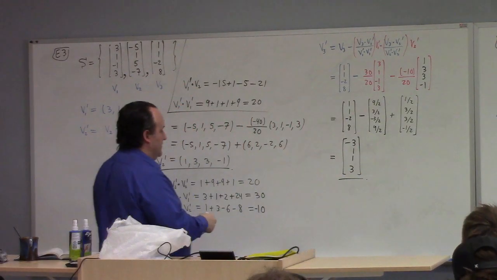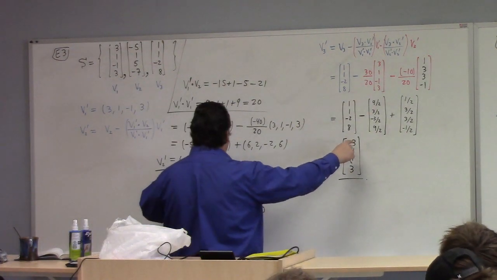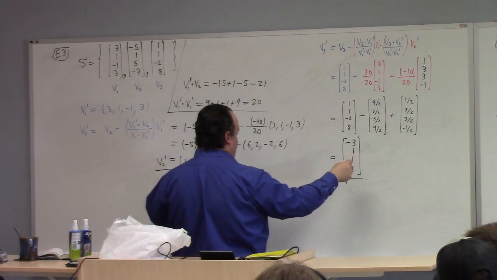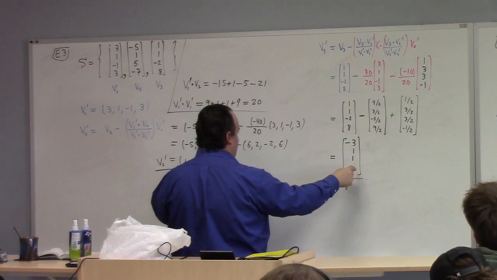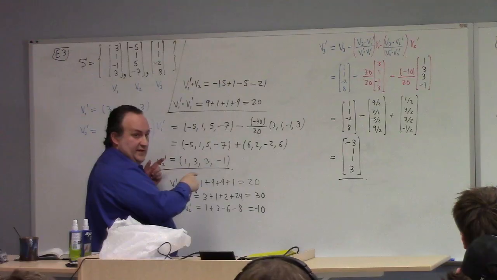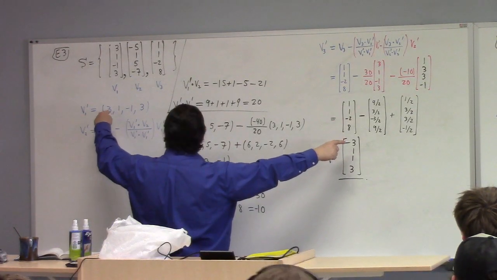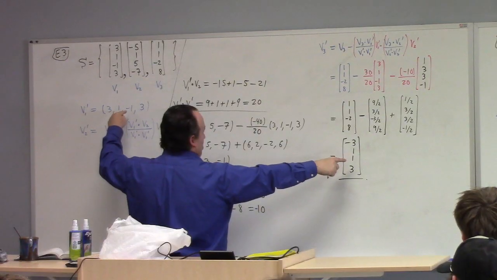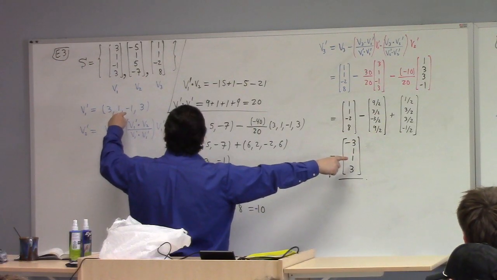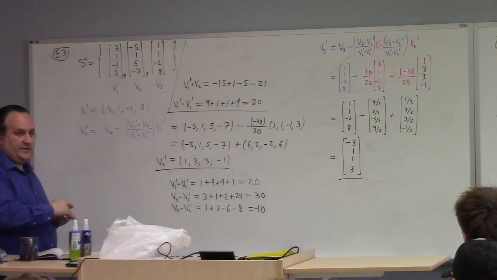Is that perpendicular to the previous two, right? So minus 3 plus 3 plus 3 minus 3. Good. The dot product of this with V2 prime is 0. Good sign. The dot product of, so I got a minus 9 plus 3, minus 3 plus 9. Yeah, 0. Yay. All right. So there we go.